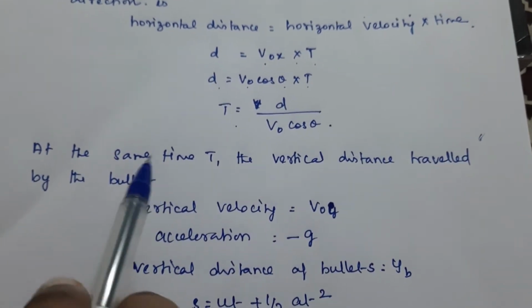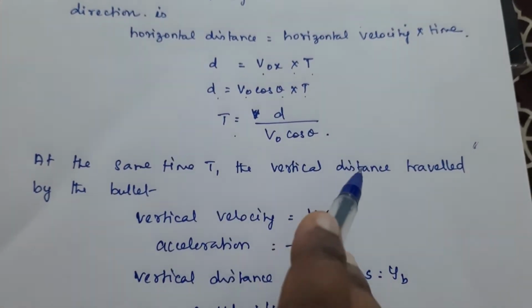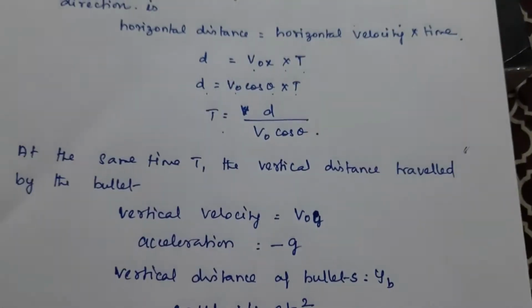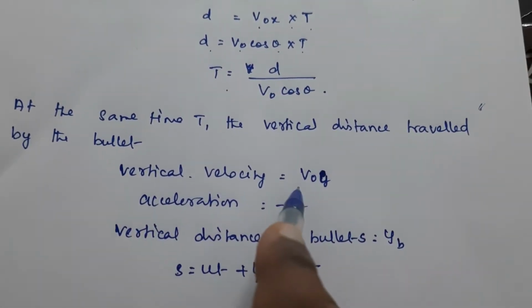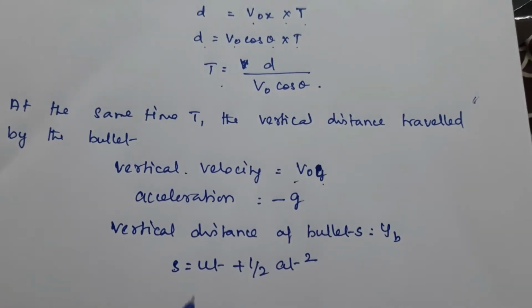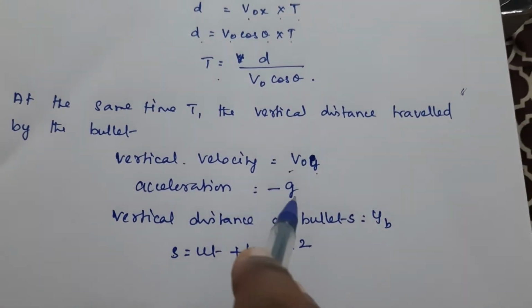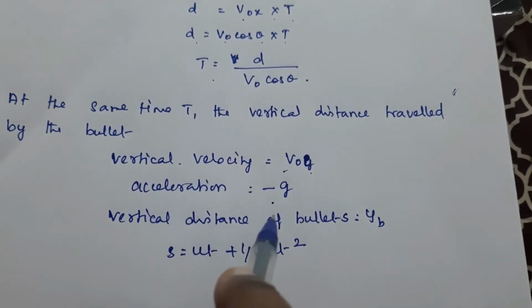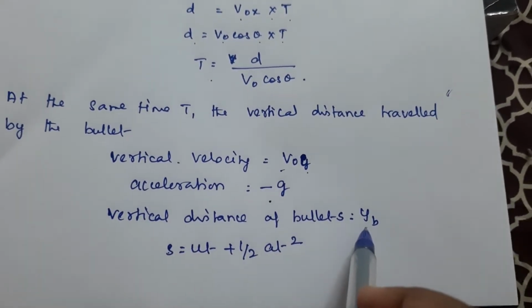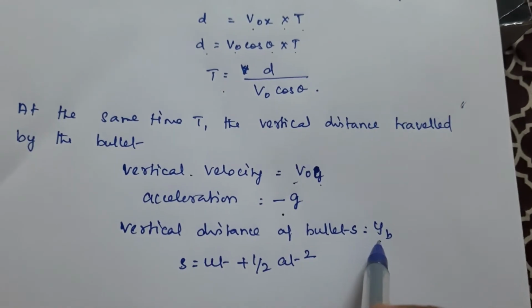Now at the same time T, what is the vertical distance traveled by the bullet? The vertical velocity is v0y. Acceleration is in the downward direction, so it is minus g. The vertical distance traveled by the bullet, we are taking as yb.